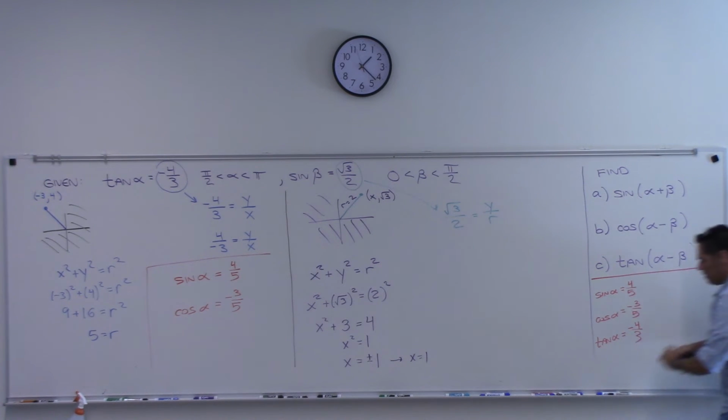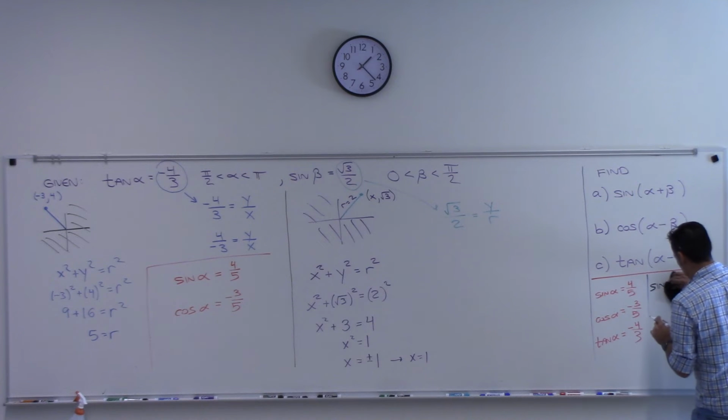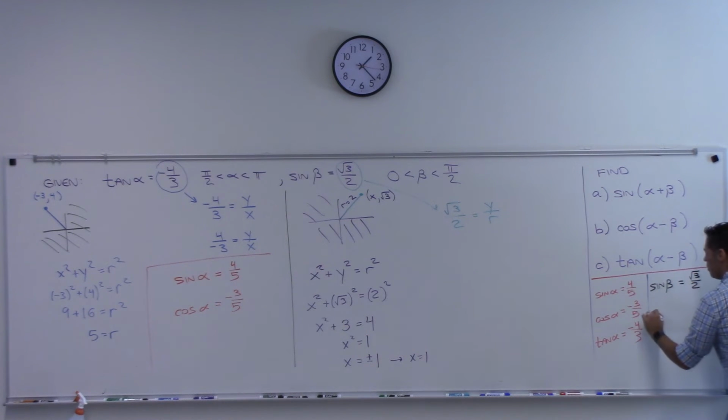And then I just did everything for beta. So for beta, I have sine beta. Do we know sine beta? Well, that was given to us, right? Root 3/2. And then cosine beta. Now that I know what x is, it's x over r.